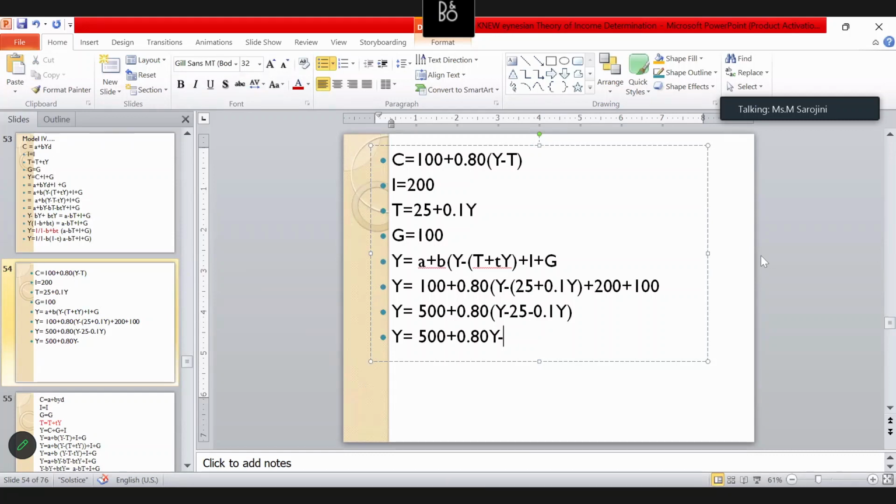This is 20. Minus 0.80 into 0.1, that is 0.08Y.